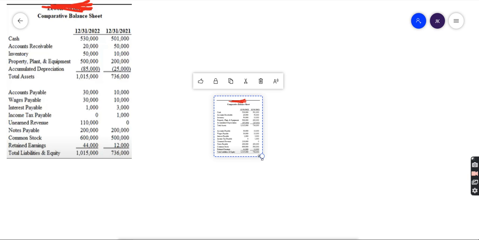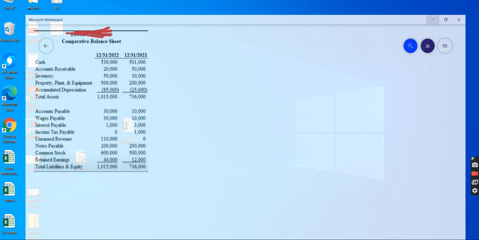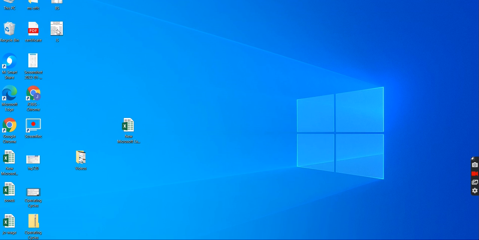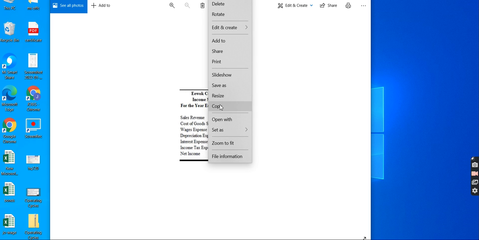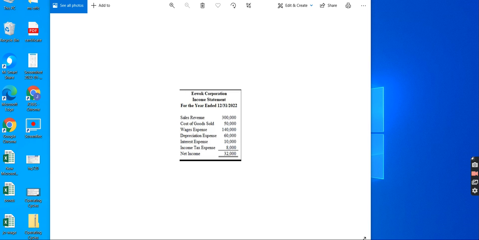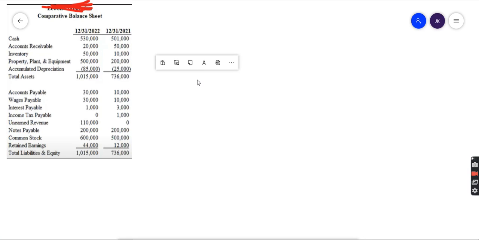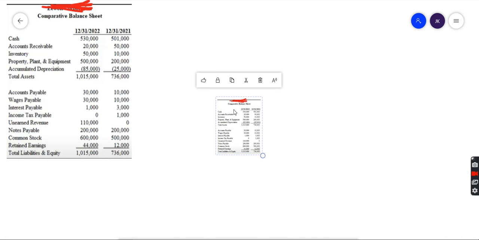Why is it income statement again? Let me see. Let me copy this. Come here. Why am I not able to paste it?